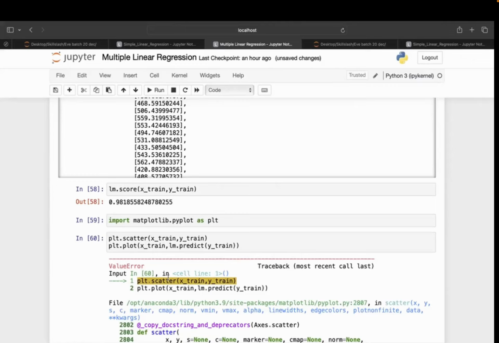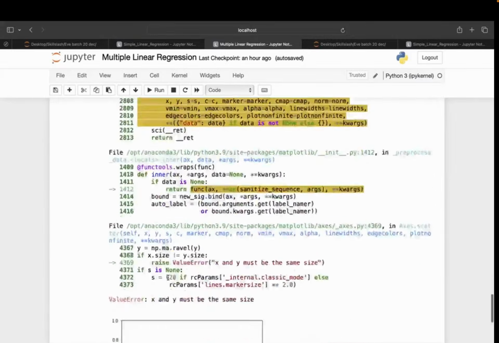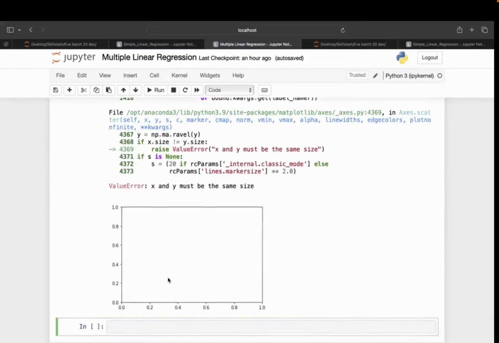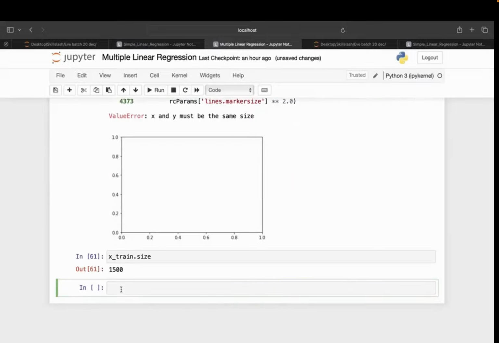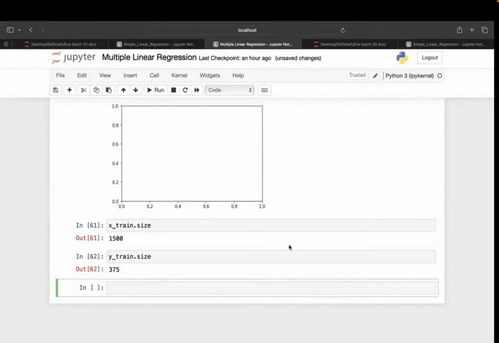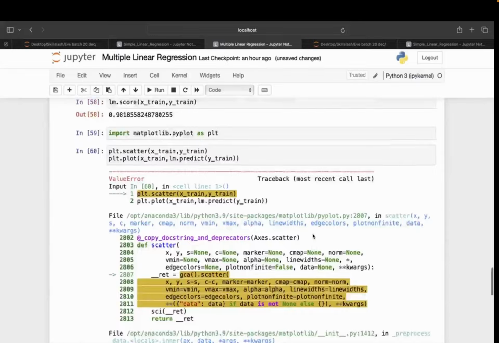Let's fix it. Just a second. It got modified.